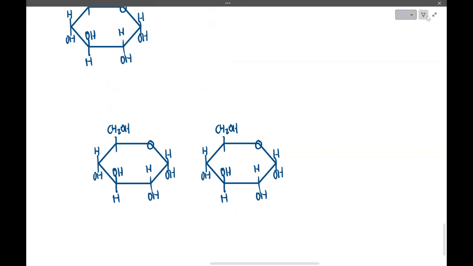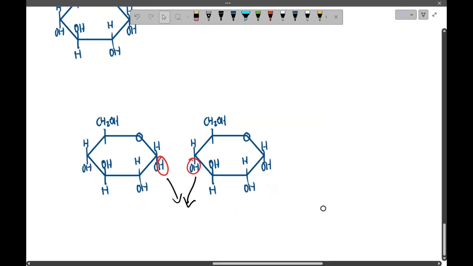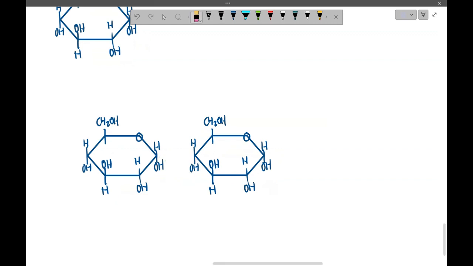So what's going to happen is an oxygen, so let's just say this oxygen, and an alcohol group are going to combine. So what happens is that you take the oxygen and a hydroxyl group, and it forms an H2O.